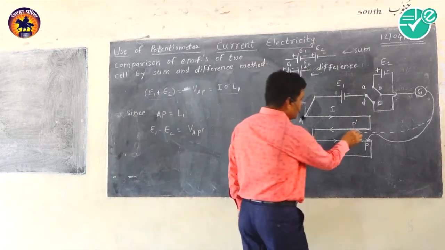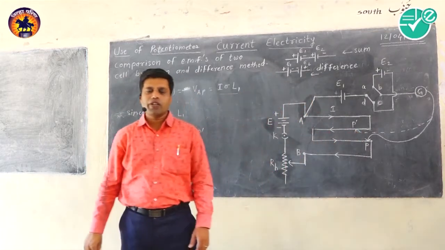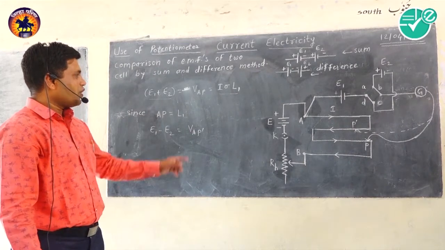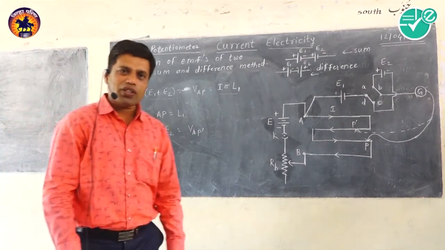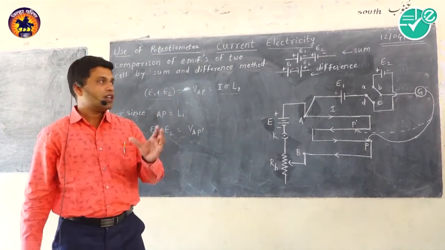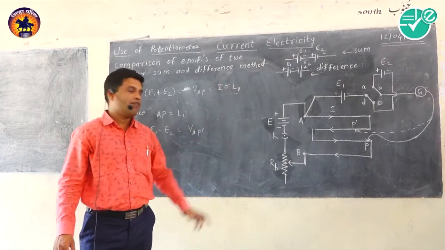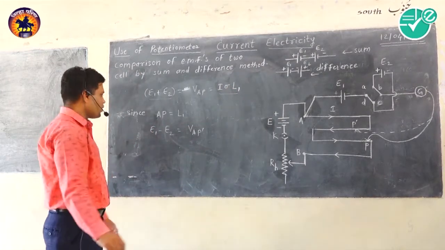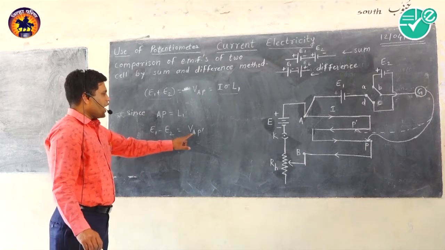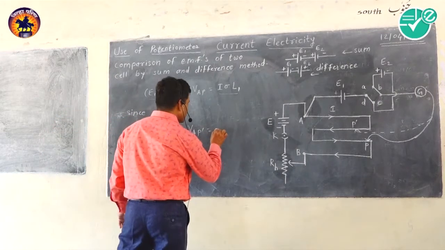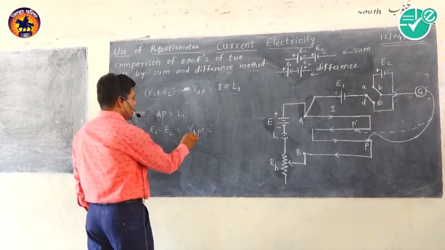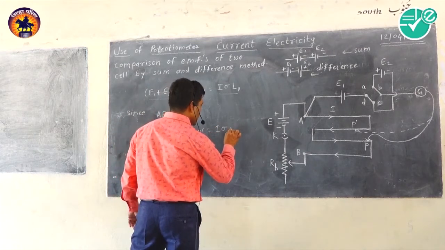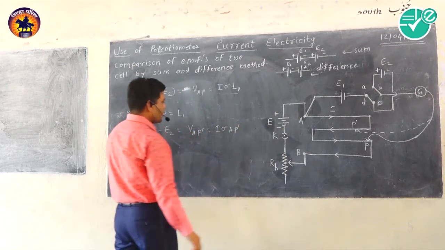Since we have got the null point at P dash, the potential of the wire between point A and P dash balances the arrangement of cells in difference method. So E1 minus E2 is equal to the potential between A and P dash, which can be written as I sigma times AP dash.